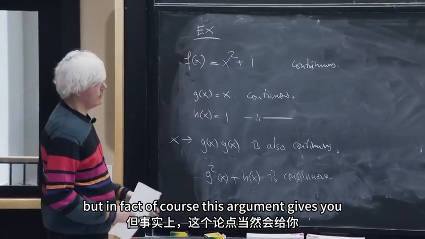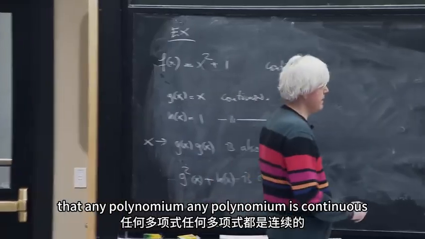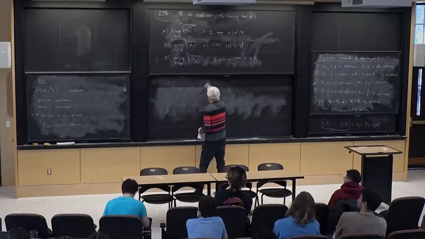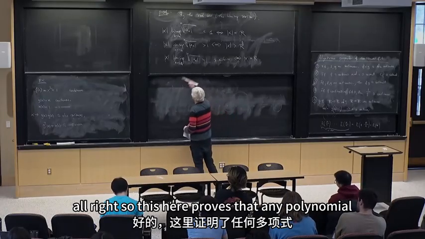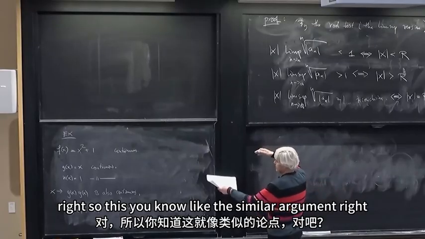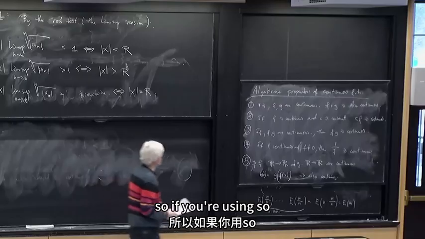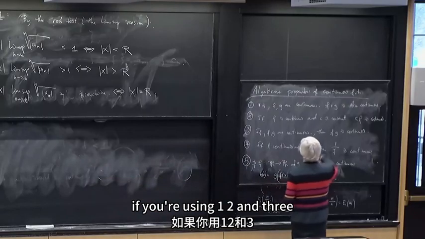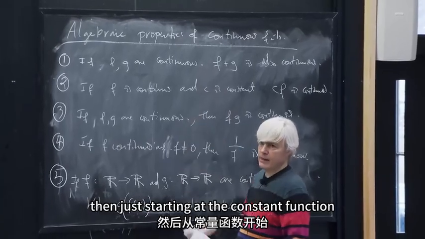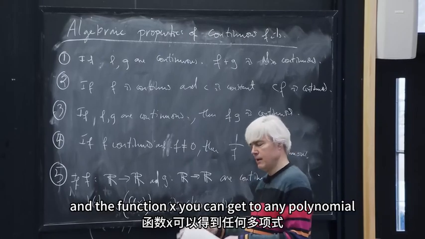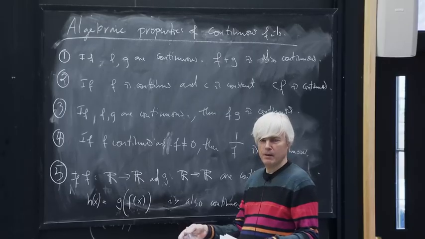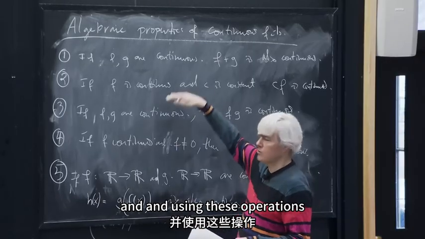But in fact, of course, this argument gives you that any polynomial is continuous. Using similar arguments, with rules 1, 2, and 3, starting at the constant function and the function x, you can get to any polynomial using these operations.